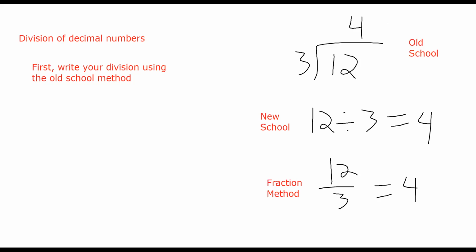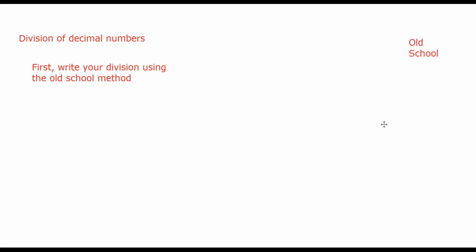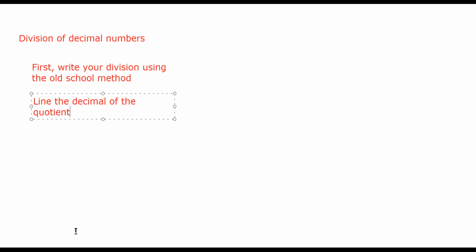So first, write your division using the old school method. Next, line up the decimal of the quotient. Remember, the quotient is the result of division. Line the decimal of the quotient up with the decimal of the dividend.